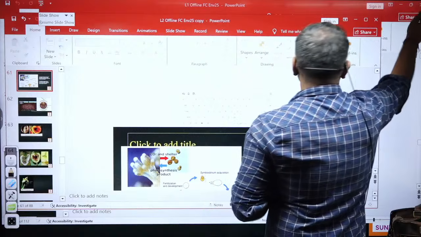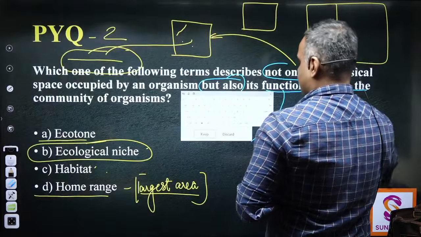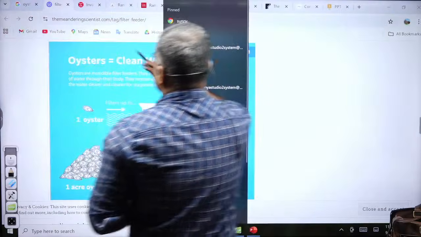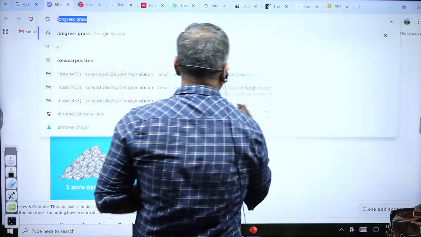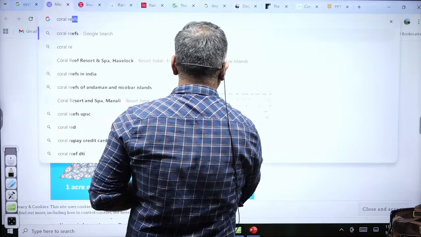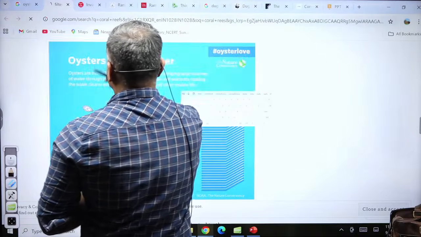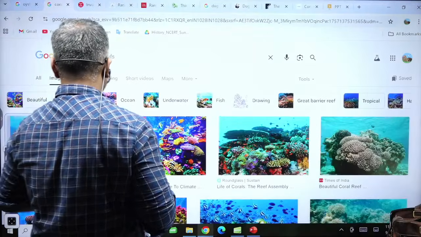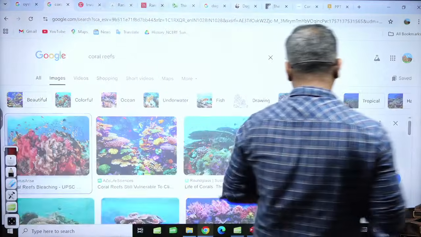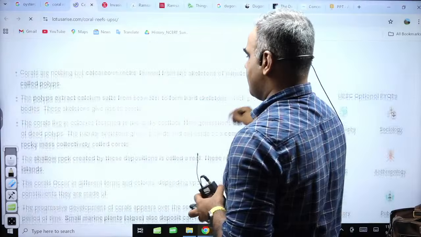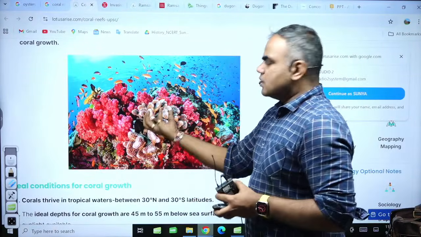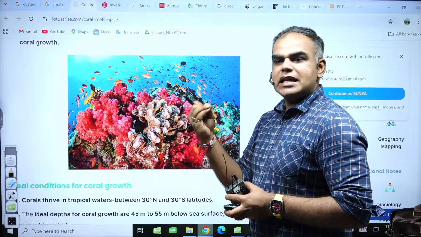One second. Very colorful, right? अब देखो, ये दिख रहा है? Can you see this? A lot of color is because of the different kinds of algae that are present.